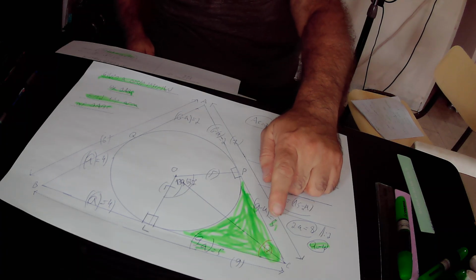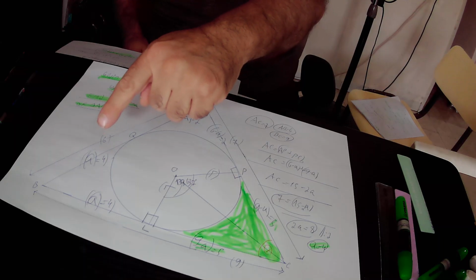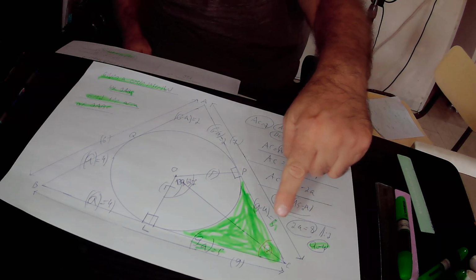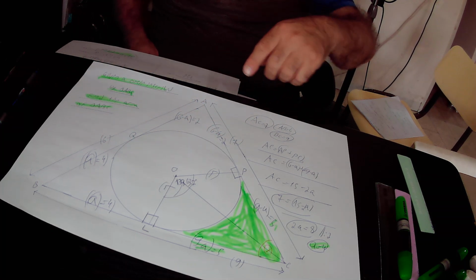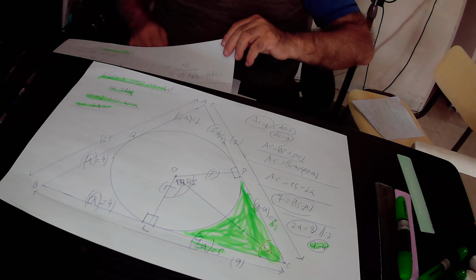Cosine theta equals AC squared plus CB squared minus AB squared over 2 times AC times CB.